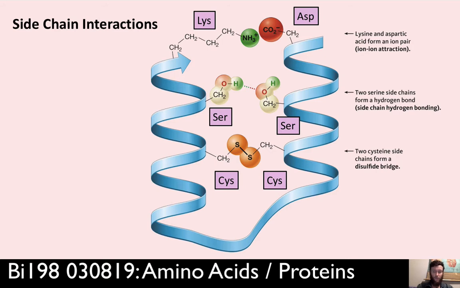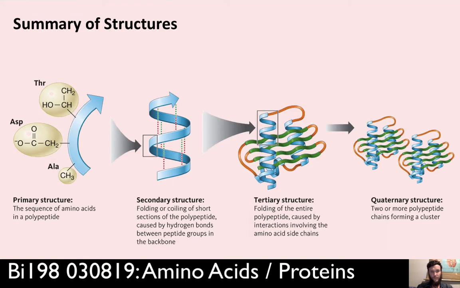And you can form actual covalent bonds, where you form what's called a disulfide bridge between two cysteine molecules. The two sulfurs form an actual covalent bond. So across these three, there are ionic interactions, hydrogen bonding interactions, and covalent interactions between side chains that can give a protein its overall structure.